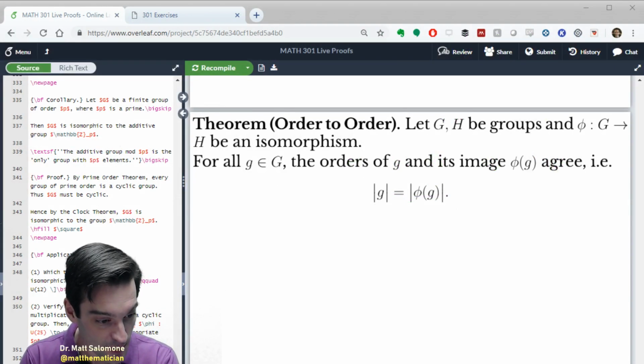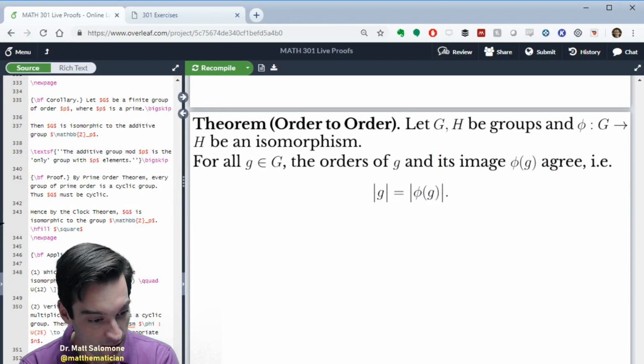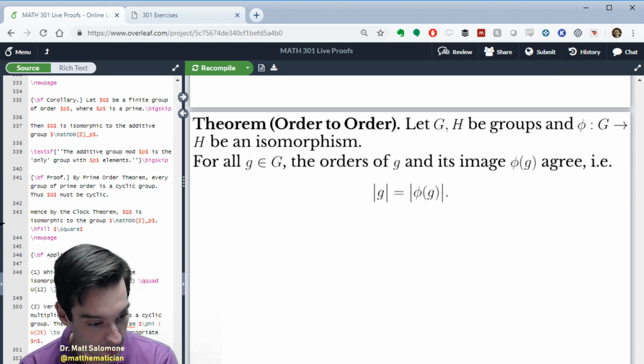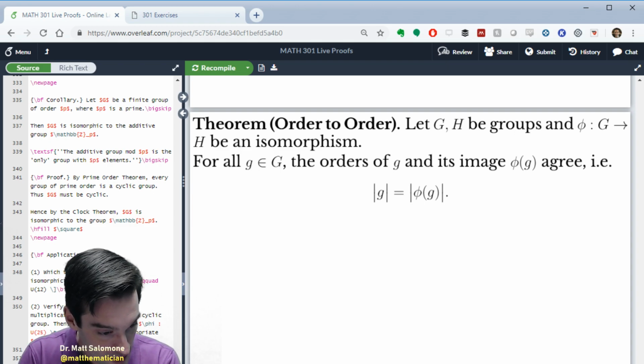And again, this is just the proof for the finite order case. So let n equal the order of g, and let m equal the order of phi of g. Since we were using h in our proofs, let's also make that a part of my notation I define here at the beginning. Let h equal phi of g. n equal the order of G, and m equal the order of H.